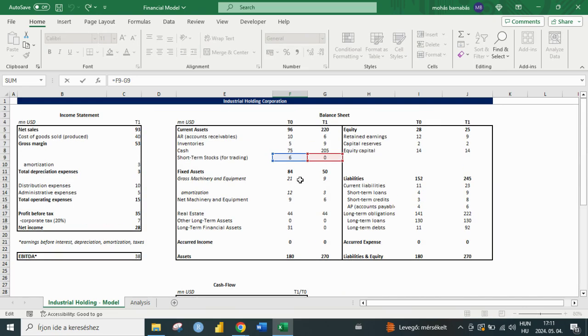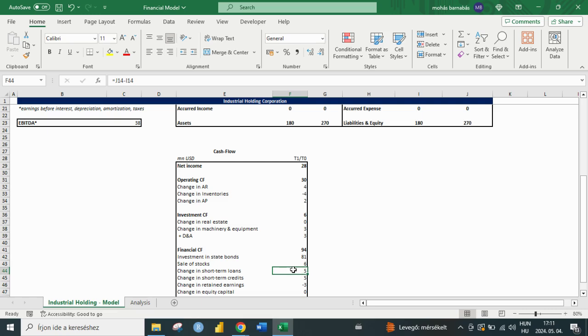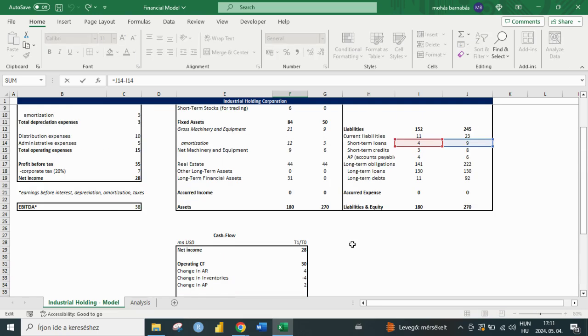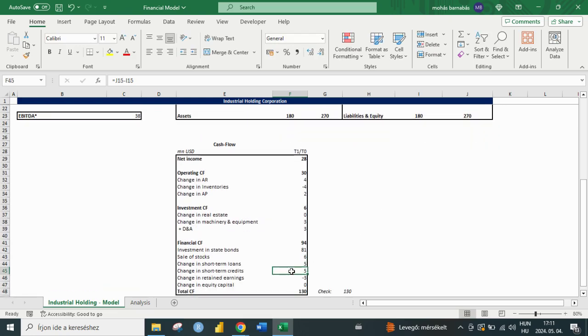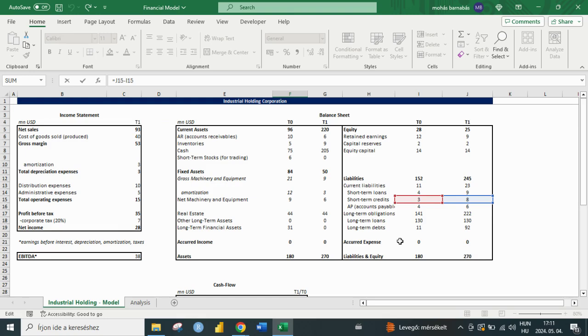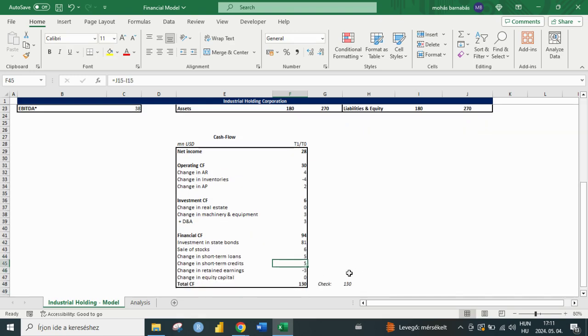This means that we sold them, we got some money in return, so it grew. And regarding the loans, we can see that the short-term loans increase, so it's a positive cash flow, and it's the same case with the change in the short-term credits. Altogether, if we add up, the difference is 5. So our cash flow level on the financial side increased.